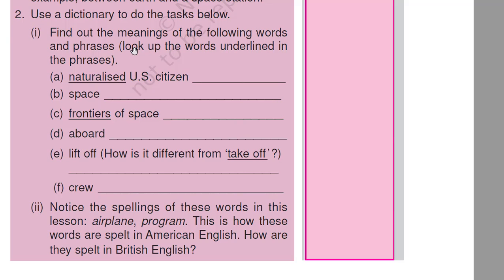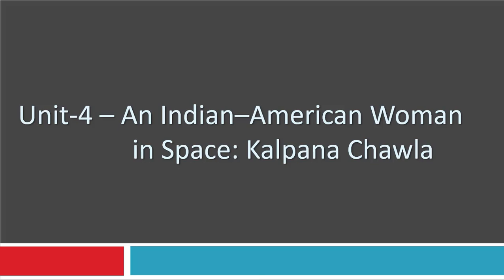So you need to find out the meaning of these words, and also the difference between liftoff and takeoff. Let me show you. I have prepared somewhat, but try to find out by yourself.